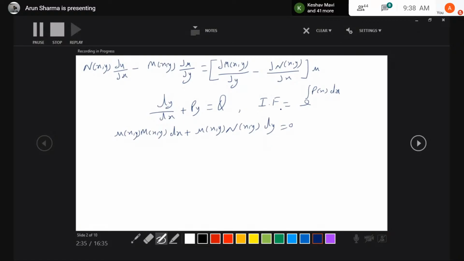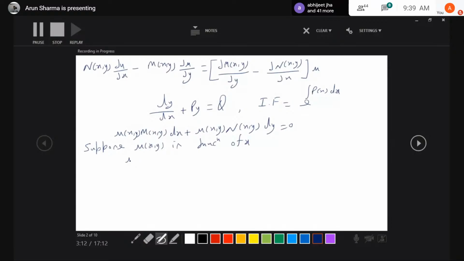So there are two cases. If our integrating factor is e to the power integral P dx, it depends on x and y. Suppose mu(x,y) is a function of x, just a function of x.